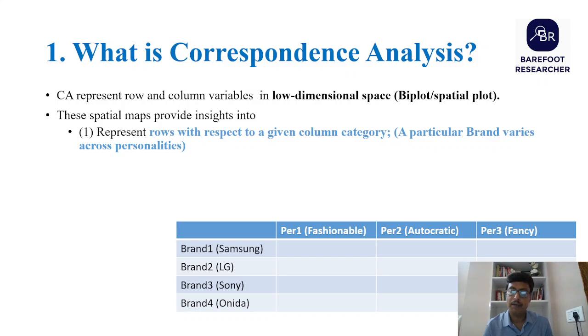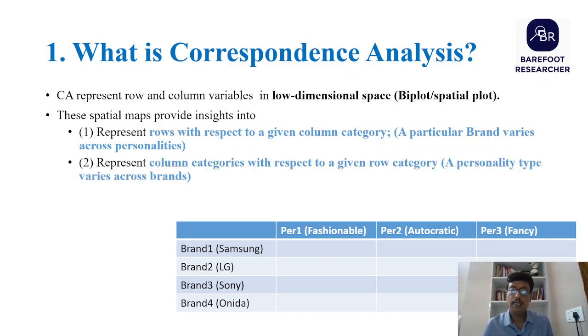So what we compare is, basically, we represent rows with respect to a given column. That means if I consider 4 brands here, Samsung, LG, Sony and Onida, I can compare these 4 brands with respect to one particular personality. It could be fashionable. In the same way I can compare the 4 brands with respect to autocratic, which is another personality.